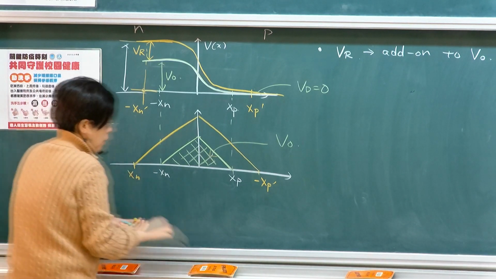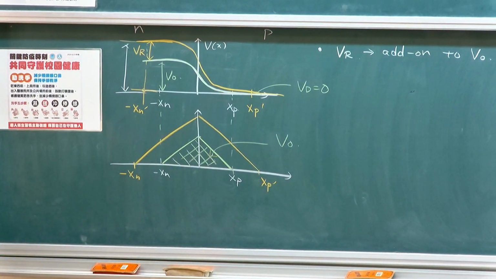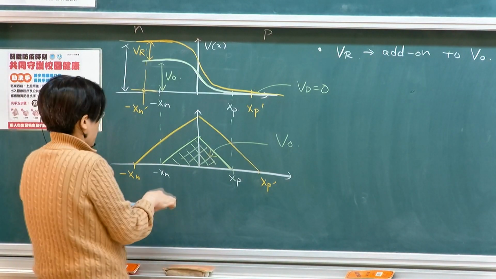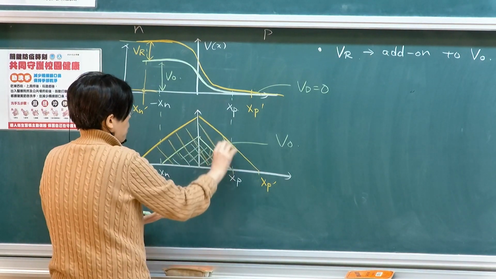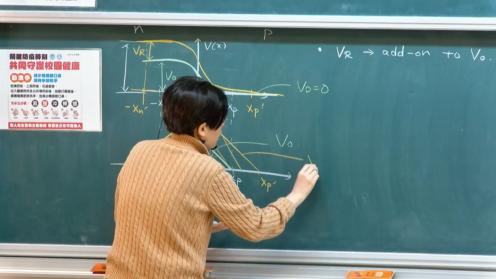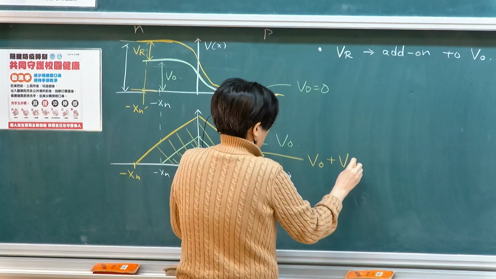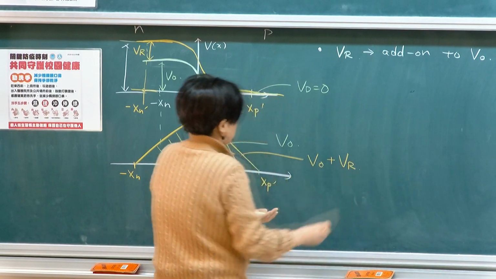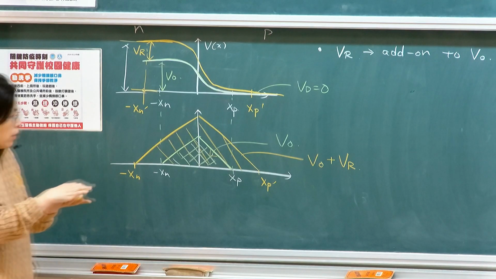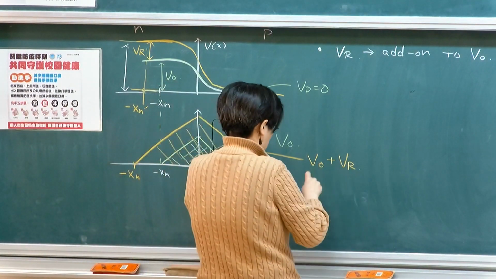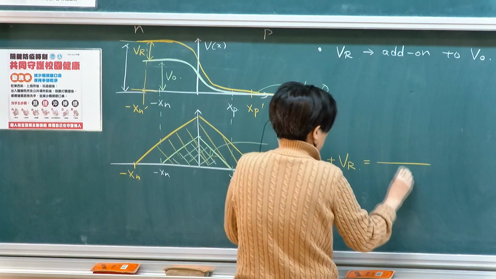This will be XN, there's a minus sign. This is a minus sign. So you then have a much larger area. The area in yellow will be the total area, V0 plus VR. This actually equals what? Let me tell you.